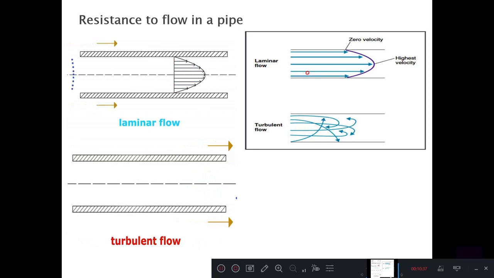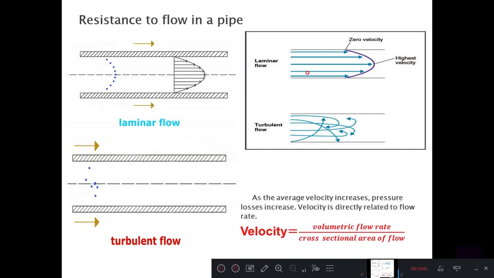So the rougher the inner wall of the pipe, the more the pressure loss due to friction. And as the average velocity increases, pressure losses increase.